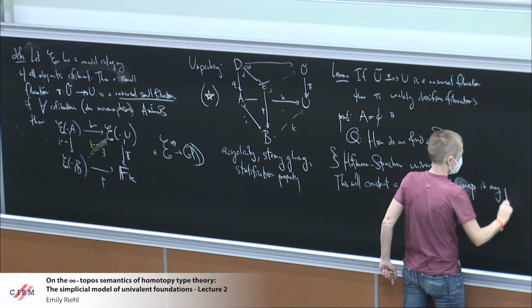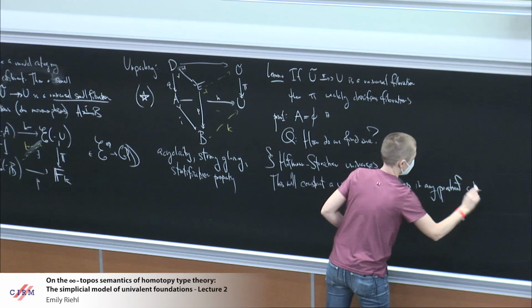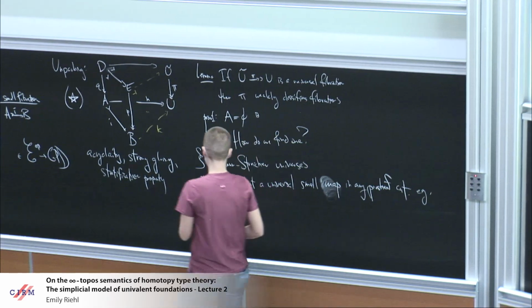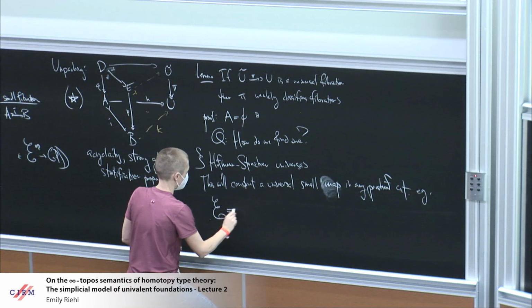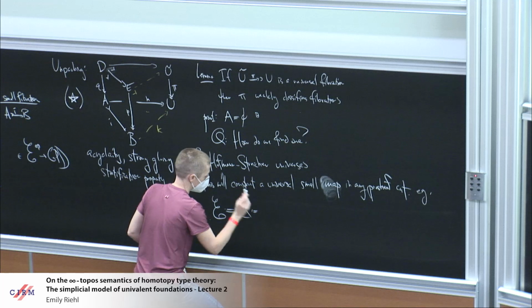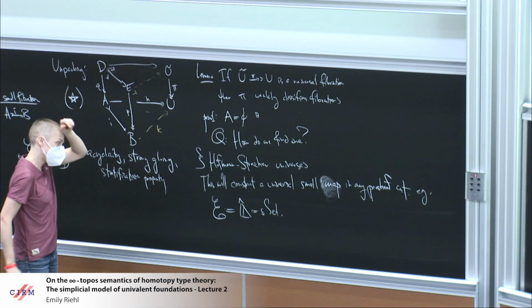In any presheaf category, but rather than introduce notation for a general presheaf category, I'm going to continue to let E stand for the category of presheaves on the simplex category, in other words, the category of simplicial sets.